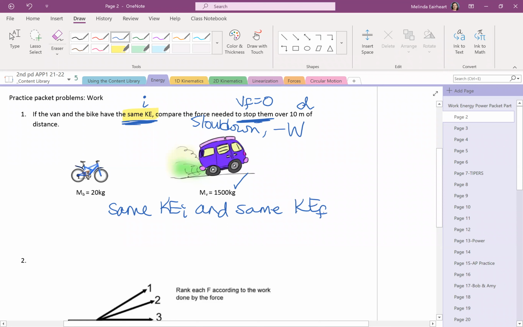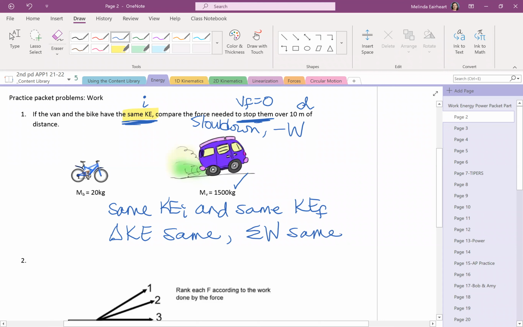So tell me what their change in kinetic energy is. It's the same. And using the work energy theorem, what does a change in kinetic energy equate to? Net work. And so they have the same net work.